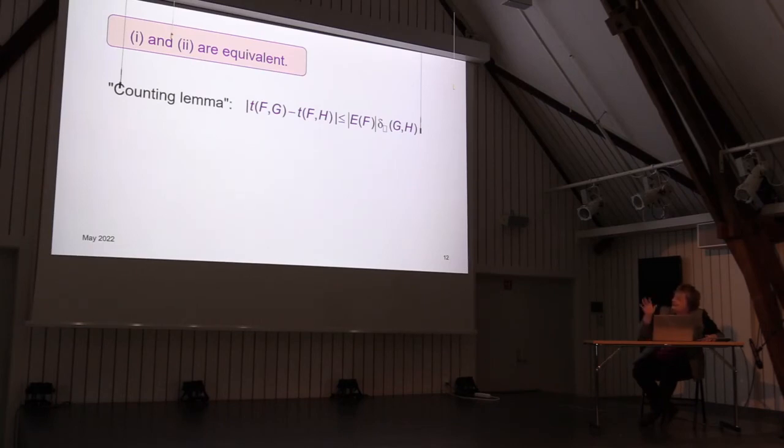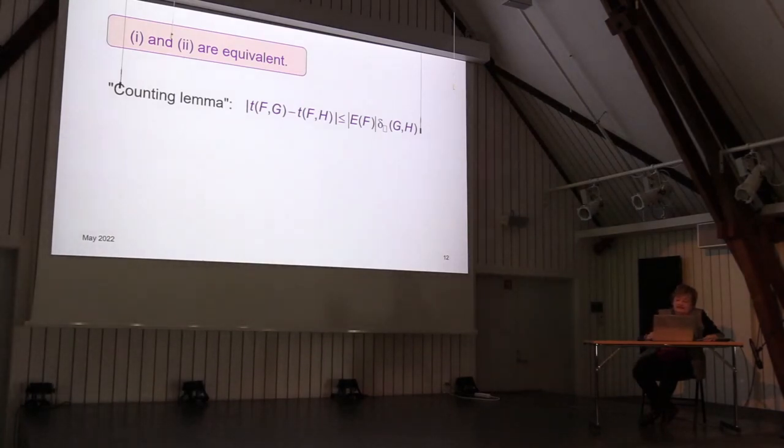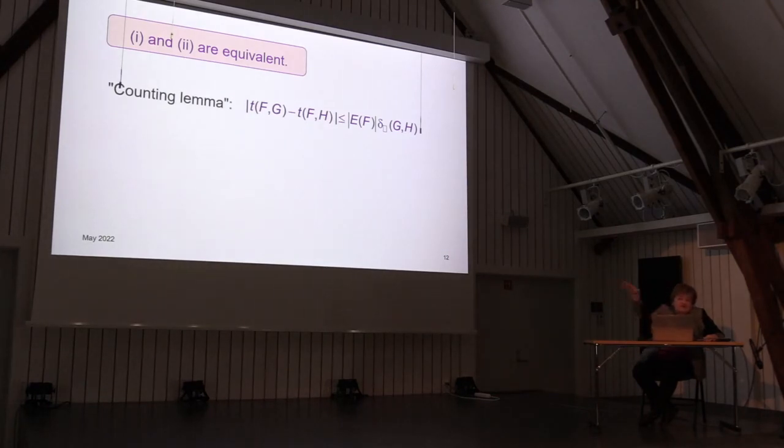So just a remark on why these two definitions are equivalent. One direction comes from the counting lemma, which is one lemma around the Szemerédi regularity lemma, but in this form it is good for us.